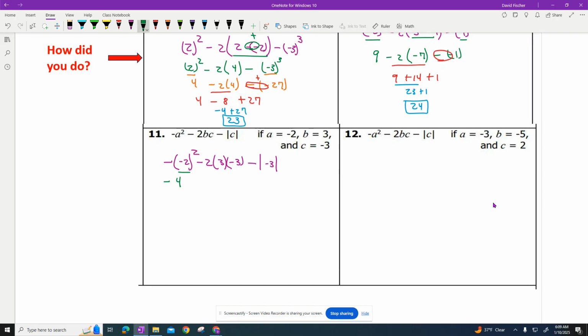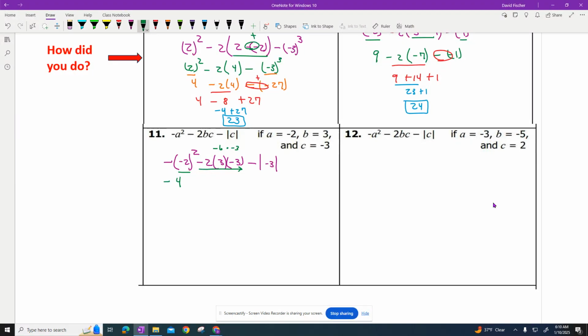Now, I think you're getting pretty good at this. I know multiplication and division is going to be my next job after exponents. So I'm going to multiply all three of these guys since they're touching each other from left to right. Negative 2 times 3. Negative times positive is a negative. That's negative 6. And in my head, or on my calculator, I'm going to say negative 6 times minus 3.